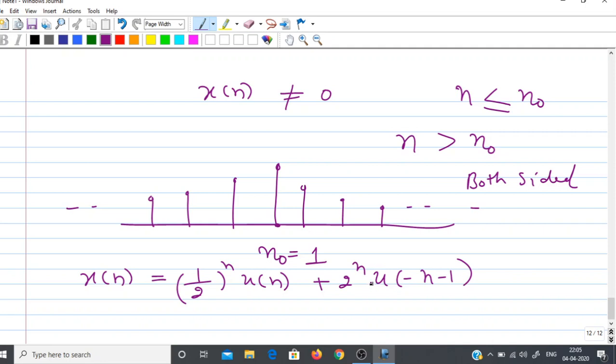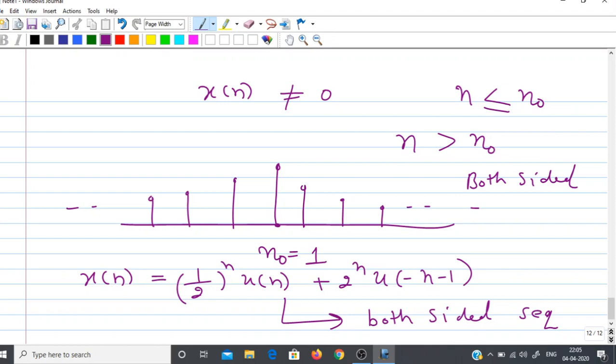So if you take n0 as 0, then to the left and right of this 0 index you have non-zero values. So this is also a both-sided, infinite duration sequence. And we have worked out the Z transform for all these three types: right-sided, left-sided, as well as both-sided.